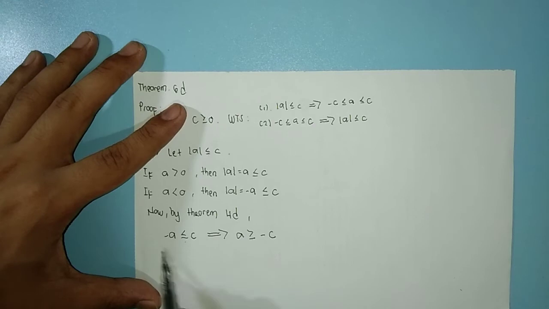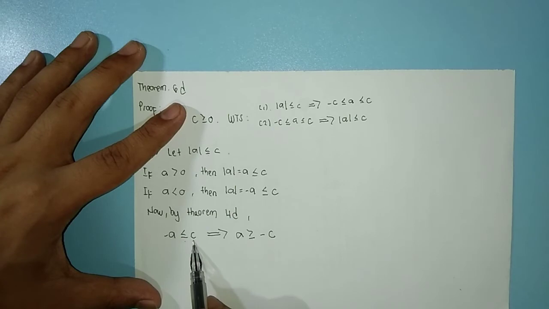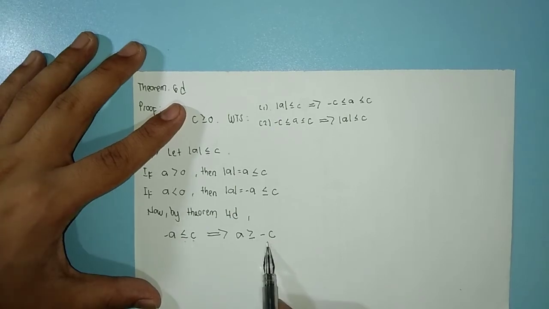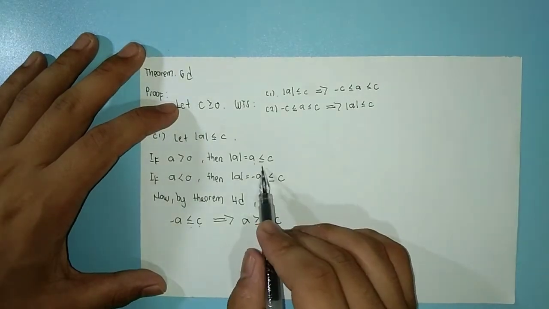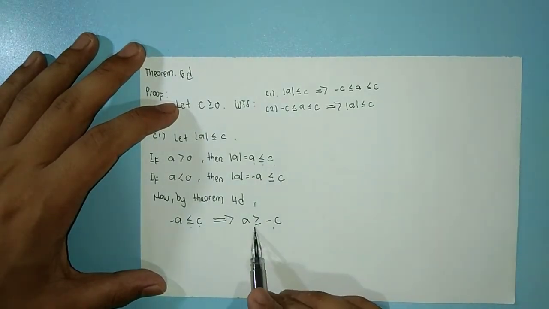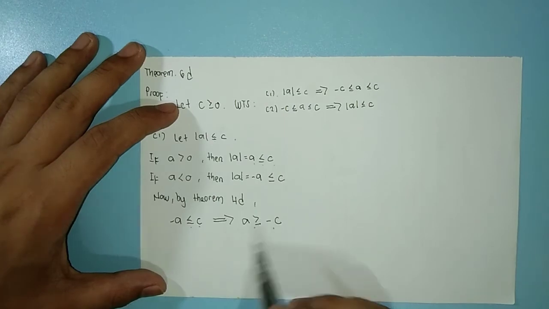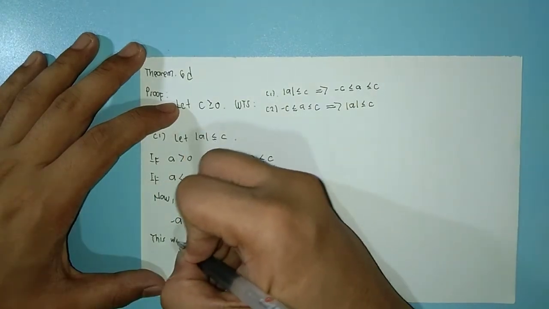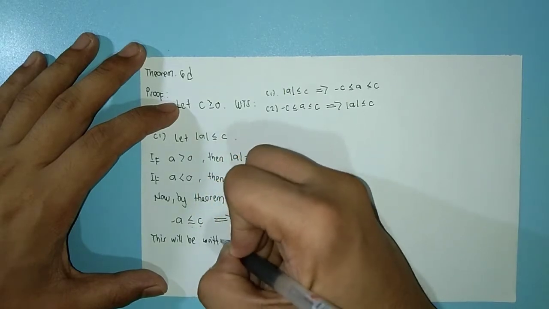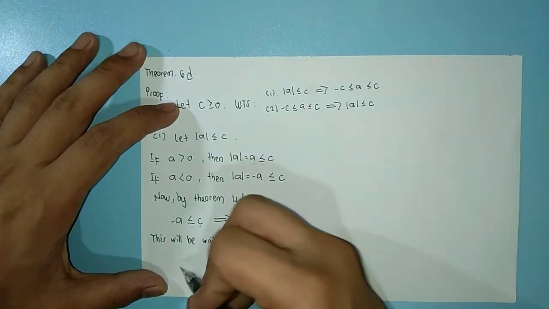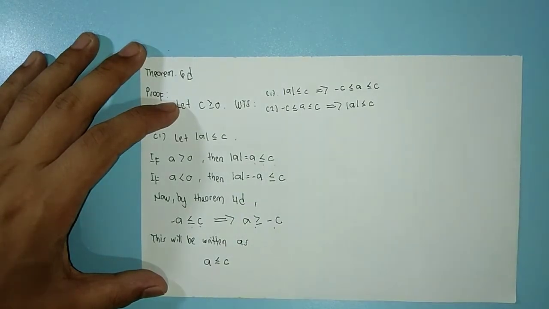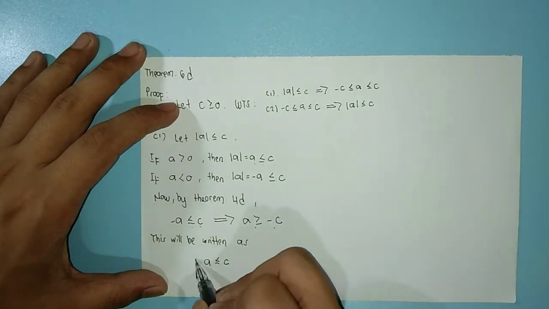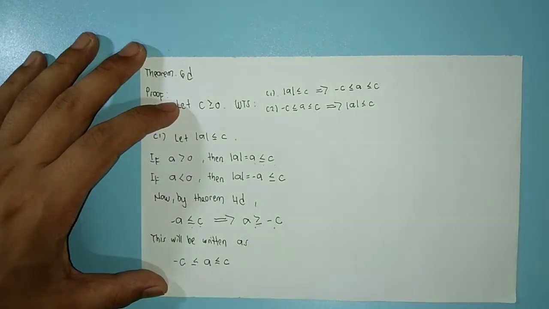Bakit nalipat yung sign? Kasi pag ito, minultiply mo ng negative, negative times negative, that will be positive a. So, multiply ko ng negative, magiging negative c. Okay? And, kung ang a ay less than or equal to c, tapos greater than or equal to negative c, this will be written as a less than or equal to c, tapos greater than or equal to negative c.